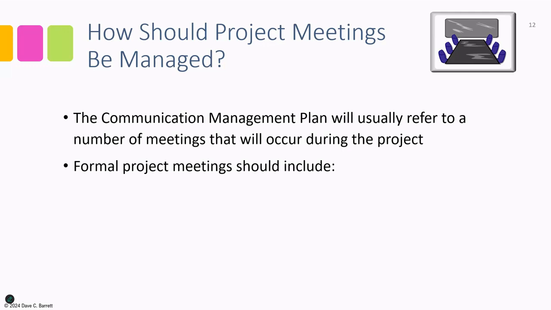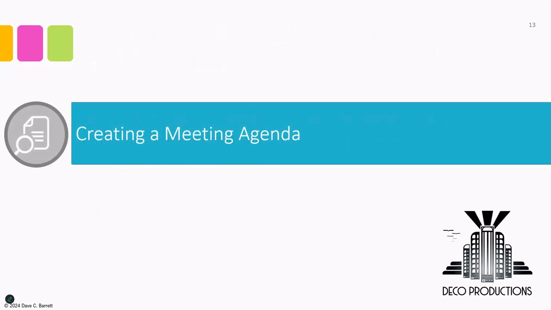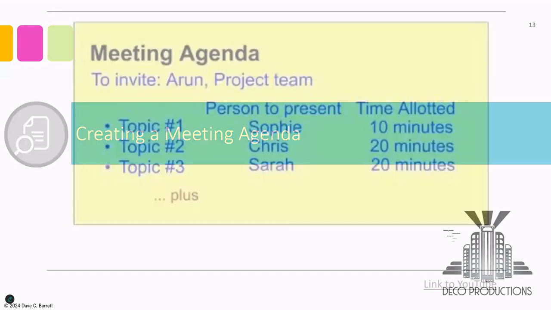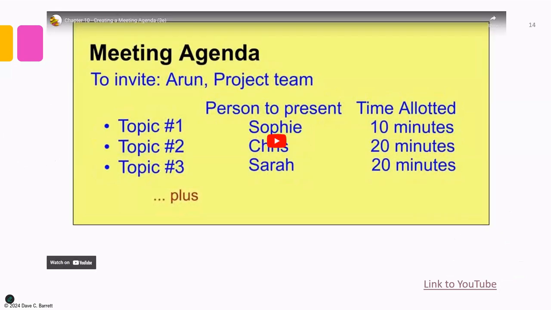For these formal meetings, they should include the creation of a meeting agenda and the documentation of meeting minutes. We're going to go through each of those. So in terms of creating a meeting agenda, here's a video which demonstrates the creation of such an agenda.